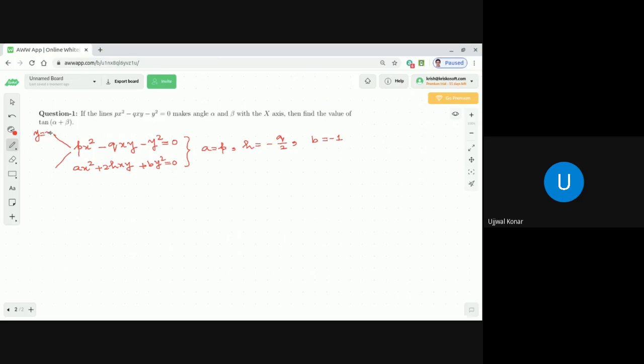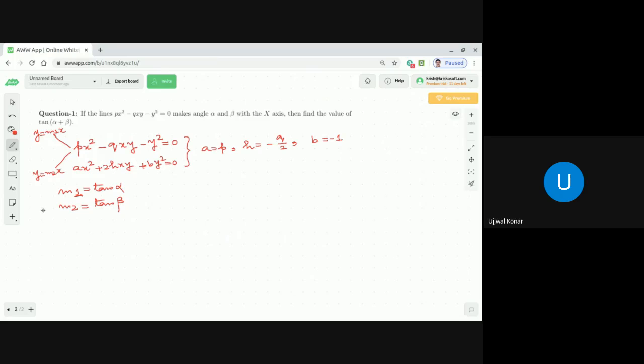Now according to the question, as these lines make an angle alpha and beta with the x-axis, obviously m1 is equal to tan alpha, correct or not, and m2 is equal to tan beta, correct.